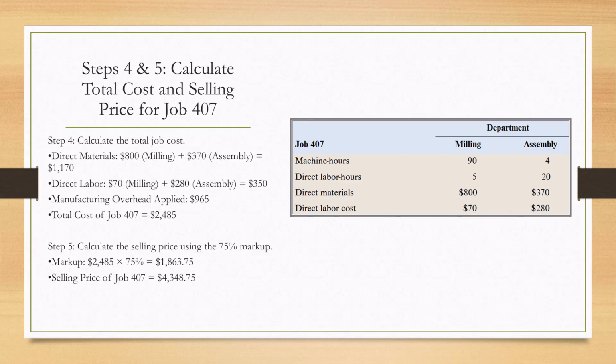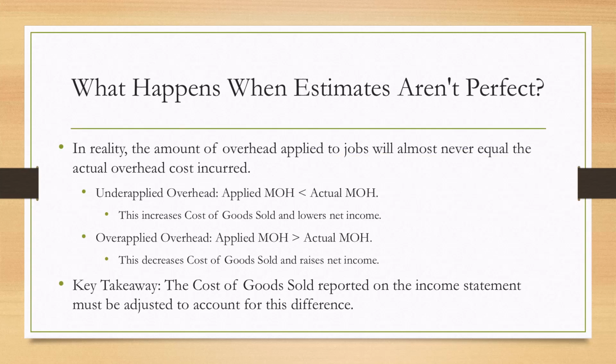Step 5 is to calculate the selling price using the company's 75% markup policy. We multiply the total cost of $2,485 by 75% to get a markup of $1,863.75. We then add this markup to the cost to arrive at a final selling price of $4,348.75.